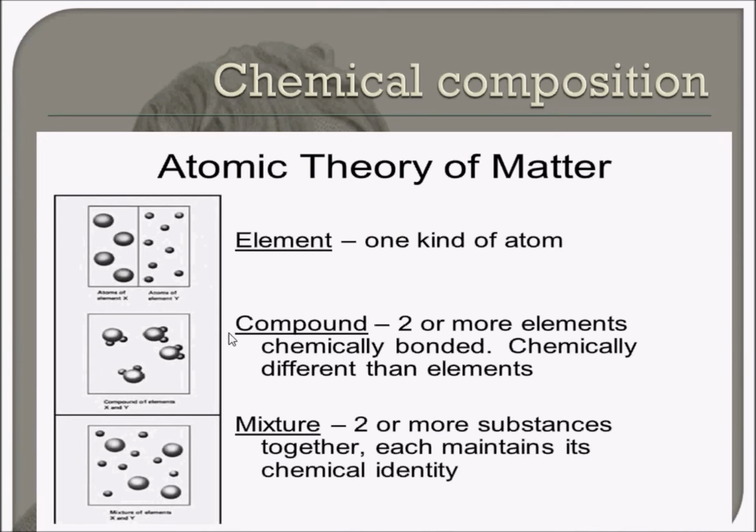In a compound, two or more elements are chemically bonded, chemically different than the elements. What are mixtures? According to the atomic theory of matter, there are two or more substances together, physically together, not chemically combined. So each maintains its chemical identity, right?